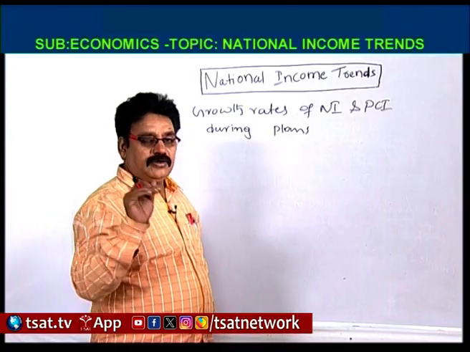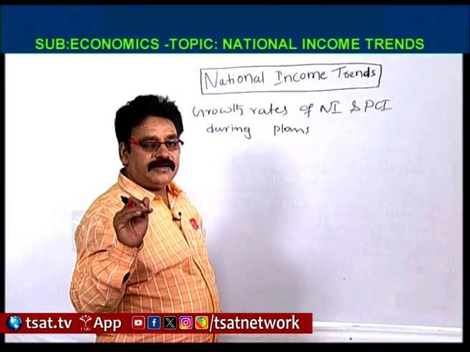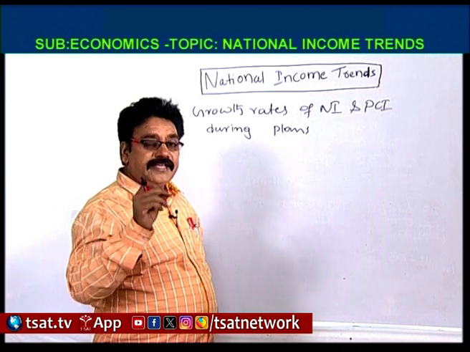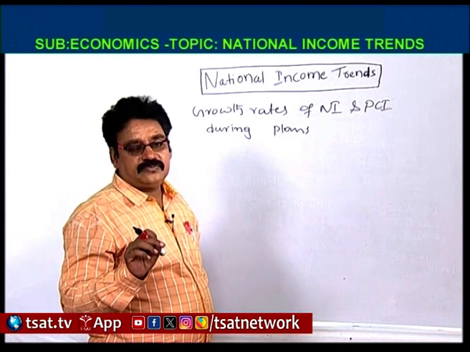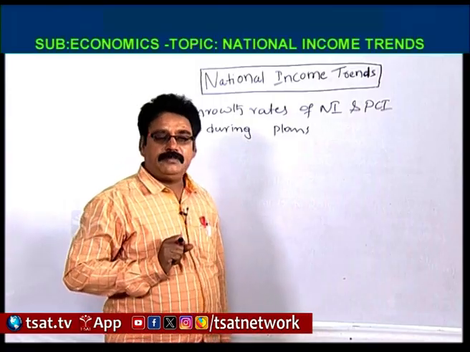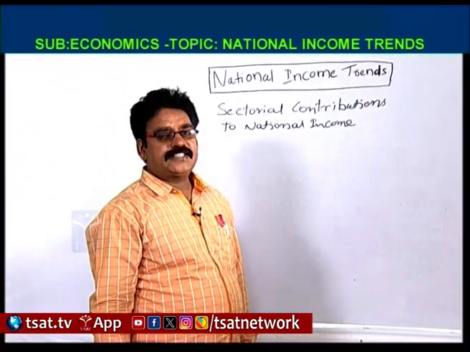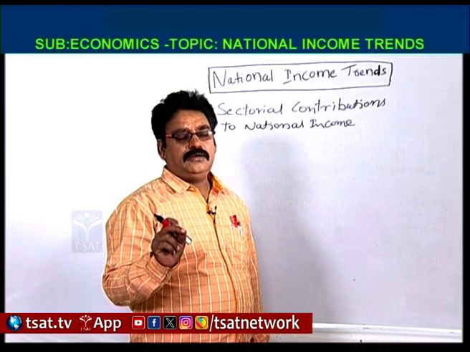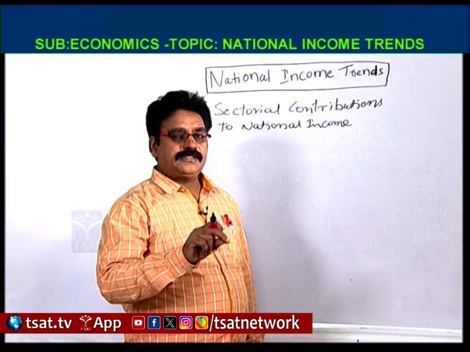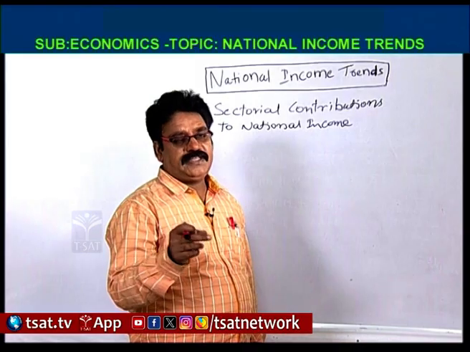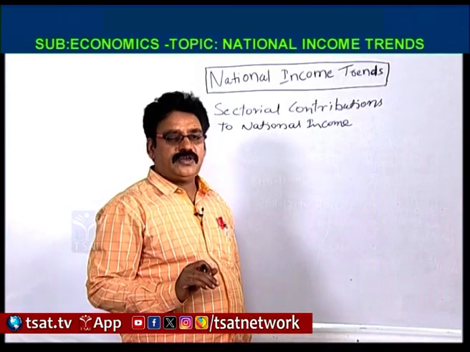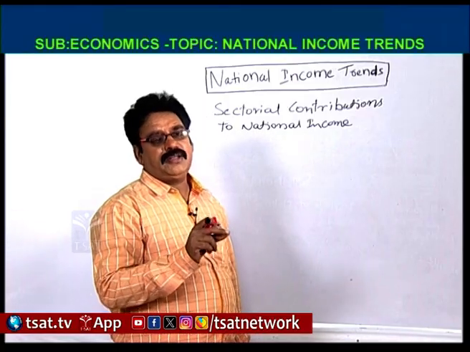Slowly after the 9th plan, 10th plan and 11th plan, the population growth rate is also decreasing now, and that can be observed in per capita income. So far we have discussed national income trends in actual figures and growth rates, from 1951 to 2014-15, and plan-wise.